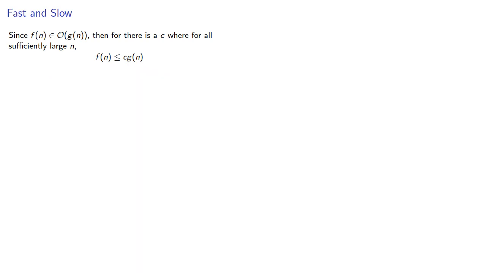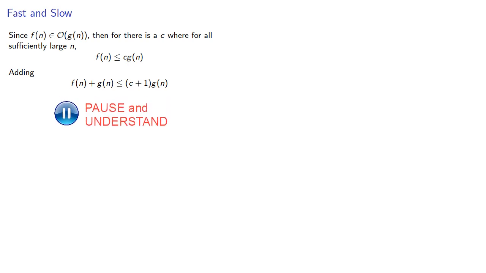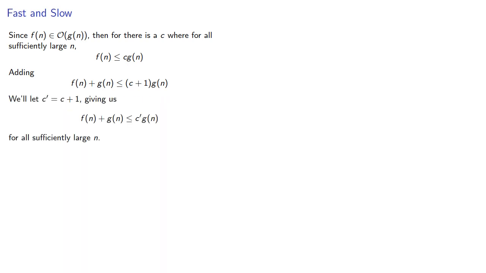So let's go ahead and add g(n) to both sides, and we'll let c prime equal c plus 1. And so there is a c prime, where for all sufficiently large n, the sum is less than or equal to c prime g(n). And so the sum of f(n) and g(n) is big O of g(n).